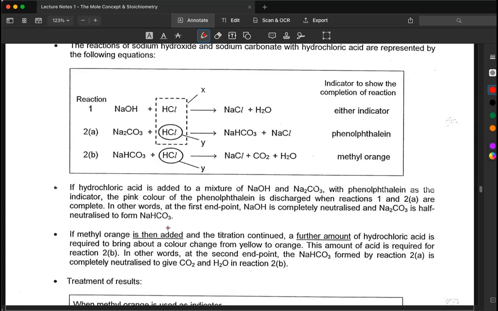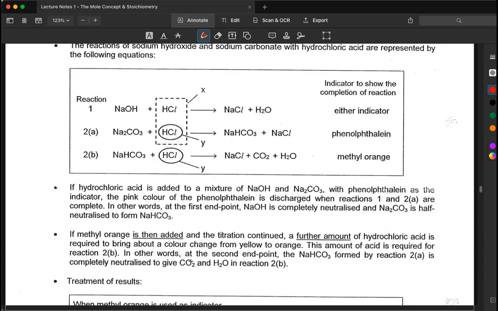So after that, you get your endpoint, you add methyl orange. Then you will need a further amount of HCl to bring a color change from yellow to the endpoint orange. It's still alkaline because there's still sodium hydrogen carbonate there.